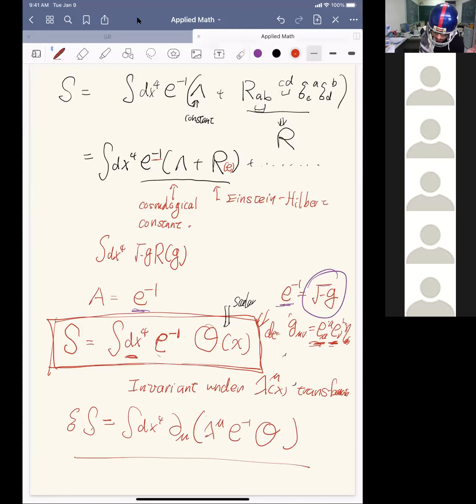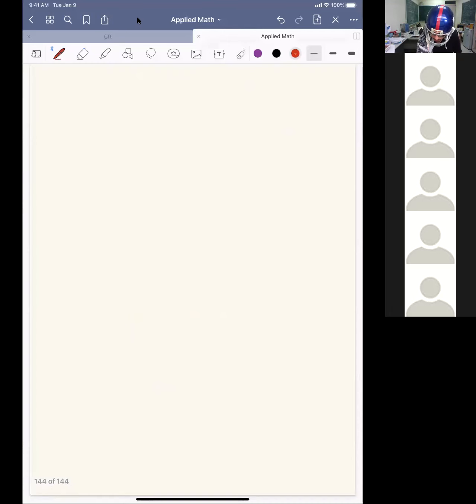So the final thing is, if I really want to, I should do the variation of this action, or maybe just the Einstein-Hilbert action, and compute the field equation with respect to E, and then show that you can actually derive the Einstein equation. Of course, you should, but we can just do it as our great finale. So we're going to rederive the Einstein equation.